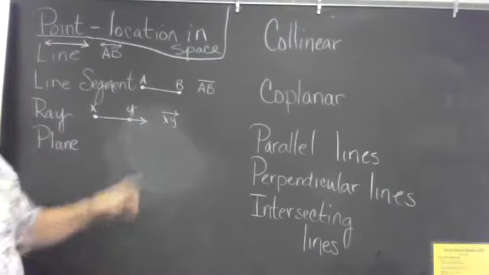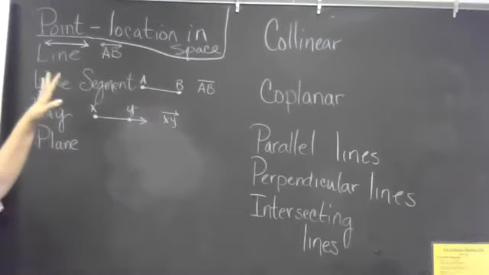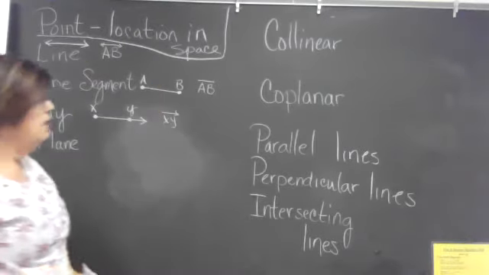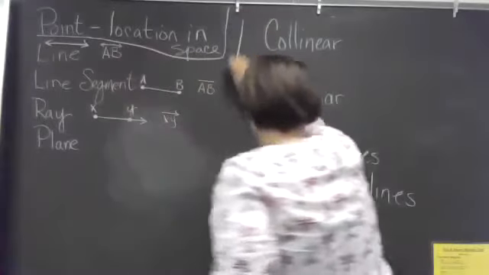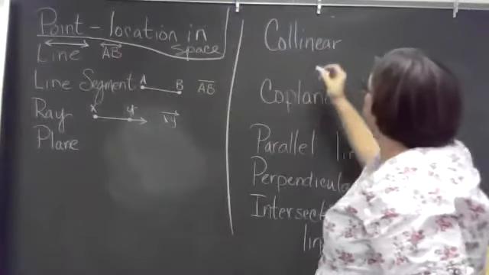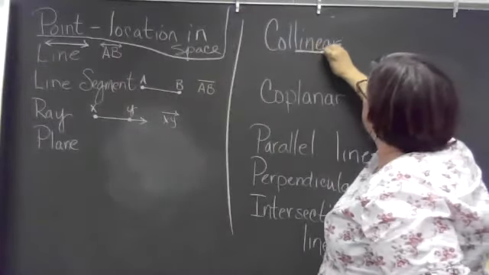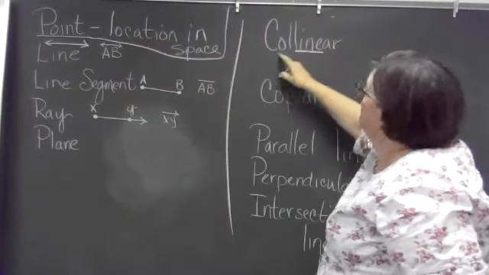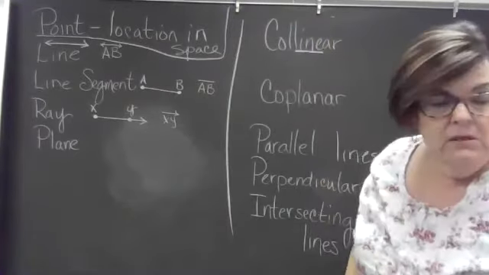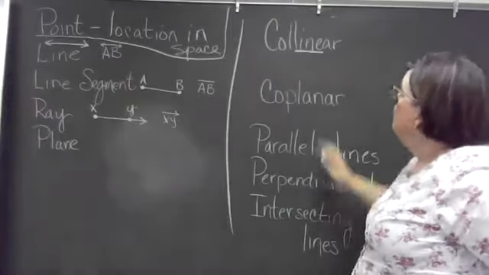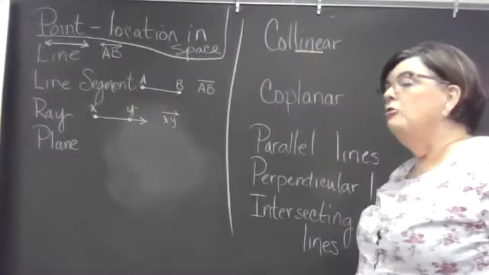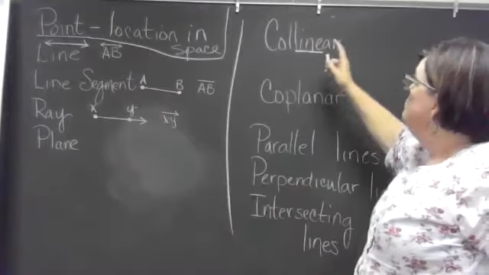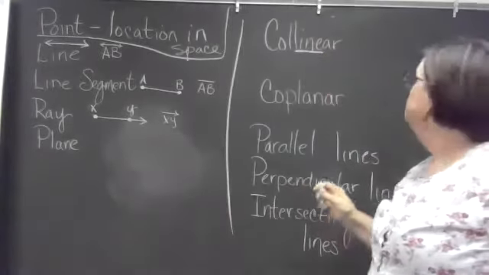Now, if we come over here and we talked about a line, and if you look at the word collinear, collinear has the word line in it. Co means that whatever we're talking about being collinear means they're all on the same line.